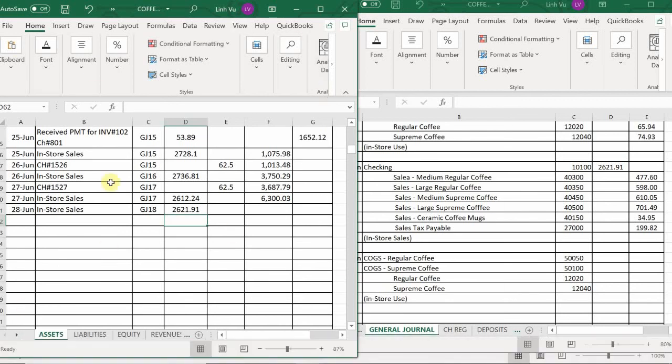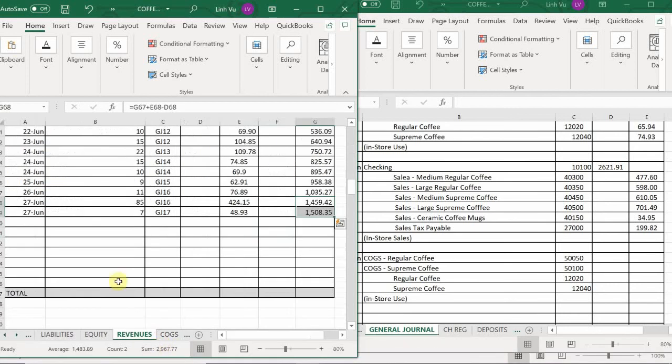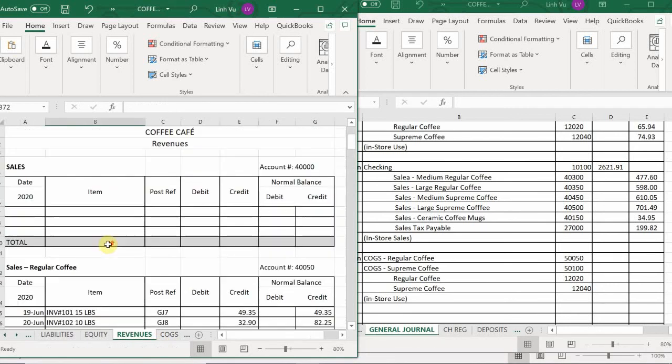What was my total amount in my checking account? 0.03 plus 2621.91 is 8921.94. Excellent. Then we're going to go to the revenue for sales.